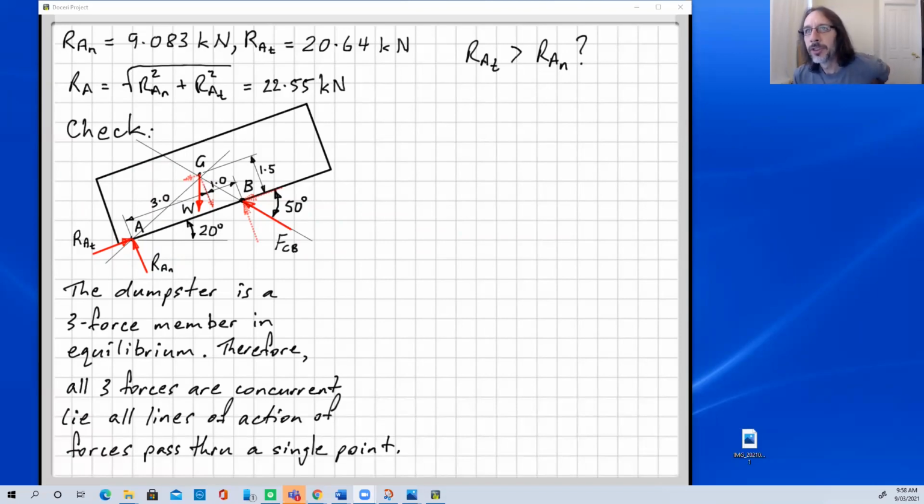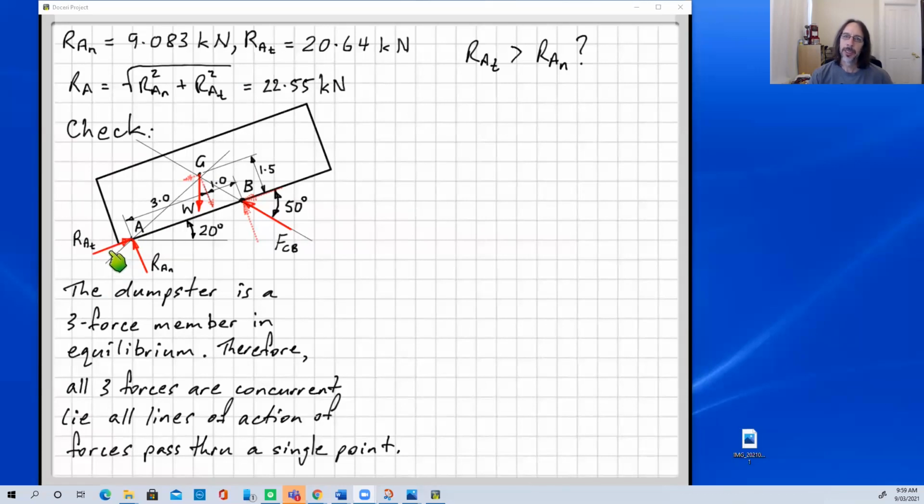Then we can also do some simple checks to think about what our solution is doing, without really doing any calculations. Have we got the right order of magnitude of things? We can have a look at this and say, all right, in our solution, RAT is greater than RAN. Does that make sense? If we look at our 3 force member diagram here, where we've got the directions of our forces, we can see that the line of action of this resultant force is going to be much closer to the tangential direction.